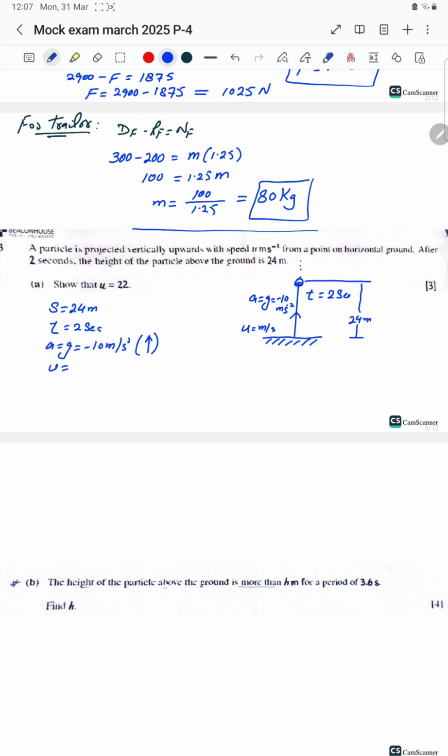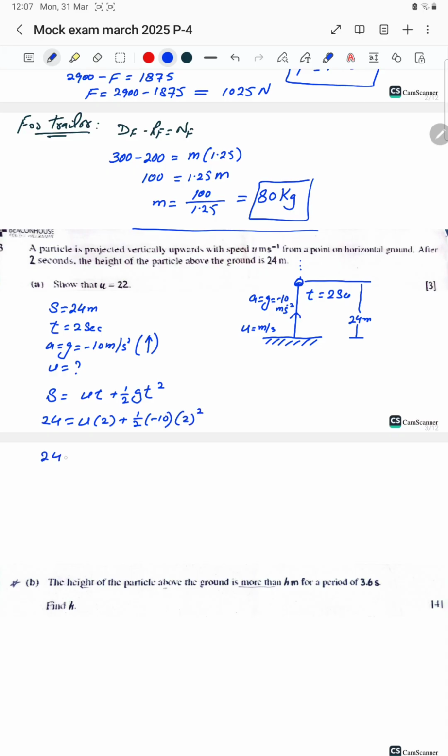And u we have to find, so applying the SUVAT equations, the second one, that is s equals ut plus half gt square.